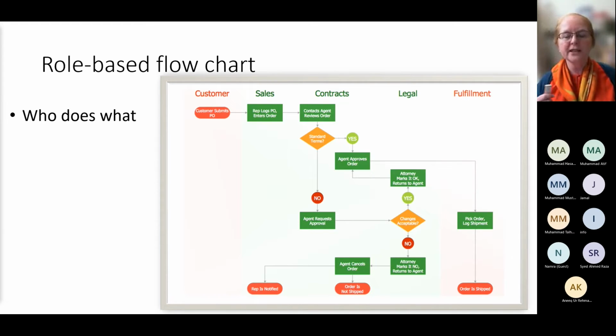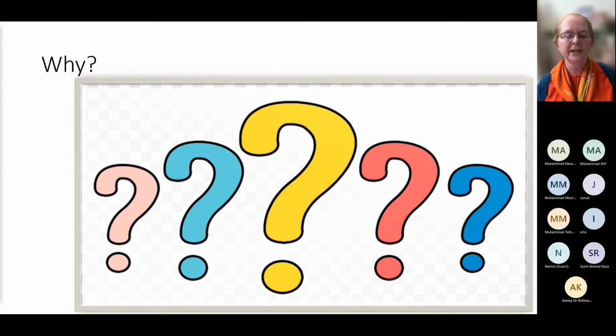When I'm talking to my users about their processes, I always make sure that I get them to tell me why. Why do they do it the way that they do it? Why do they do the process overall?